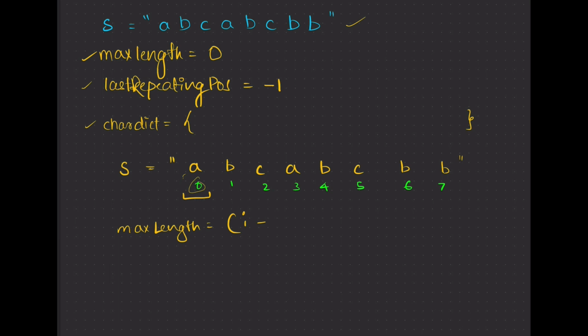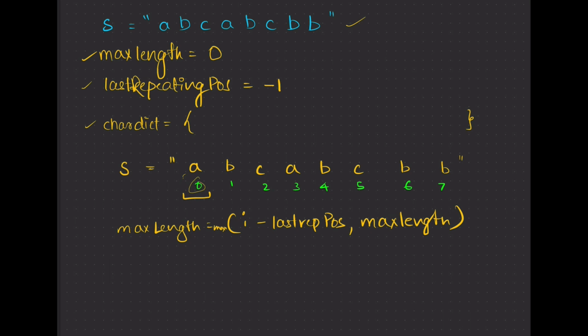Since our last repeating position is nothing right now and it's defaulted to -1, it would be i minus -1. And we have to find the max of this and max length. Yeah, that's essentially the formula.